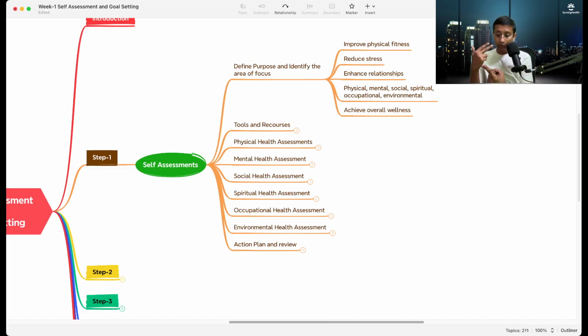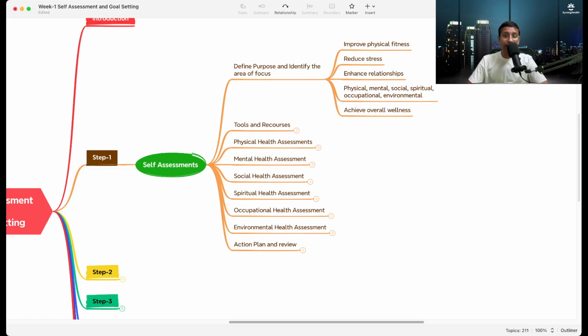You need to assess what level of physique and physical strength you are in, what mental strength, social strength and spiritual strength you have, and what occupational duties you are doing, and whether things are in the right place or not. You need to reevaluate and reassess it.